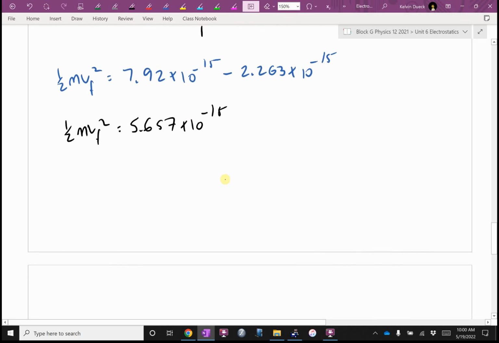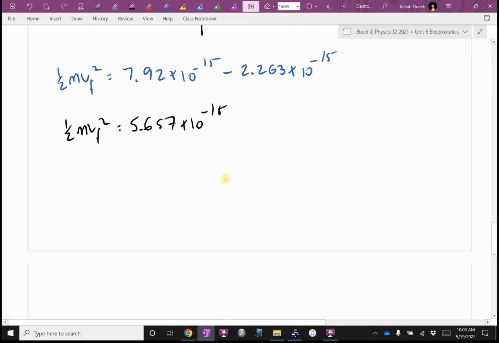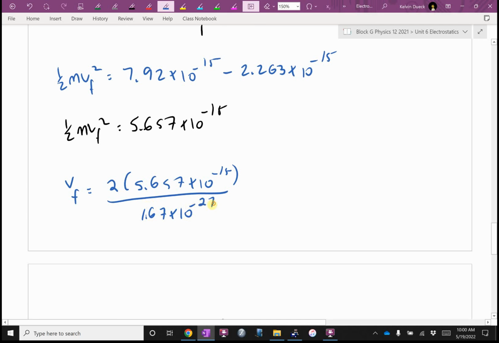Now I can get the v by itself. Times by 2, divide by m, square root. It's a proton, so m is 1.67 times 10 to the negative 27.